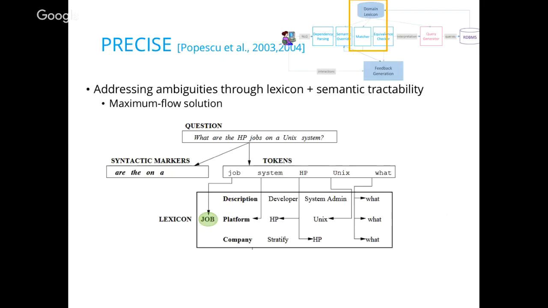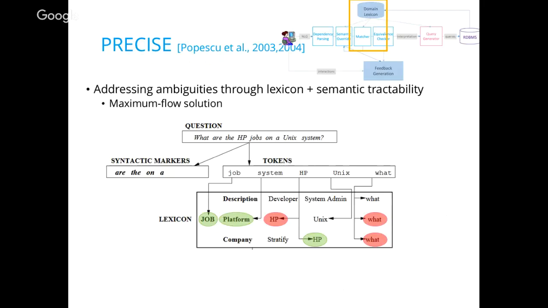For job, there's only one thing that it can cover, right? So now it's uniquely covered. The next one, platform, is also uniquely covered. But when it comes to HP, since we already assigned system to platform, we can no longer assign HP to platform. So then we assign HP as a company.